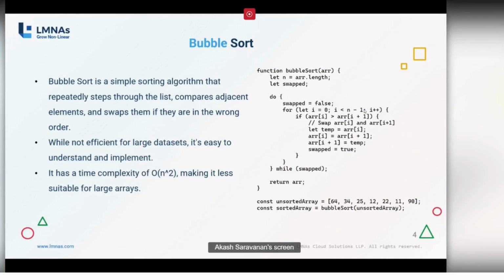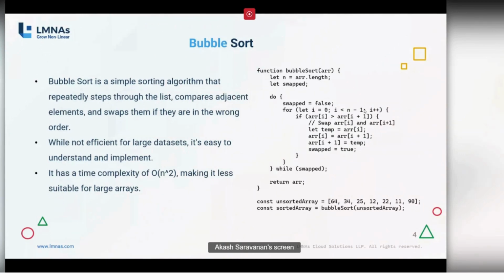Before this, what if instead of let, I put const, what would I have to do with swapped? We can't change the value of a constant. So no, we should initialize the value if we use const.